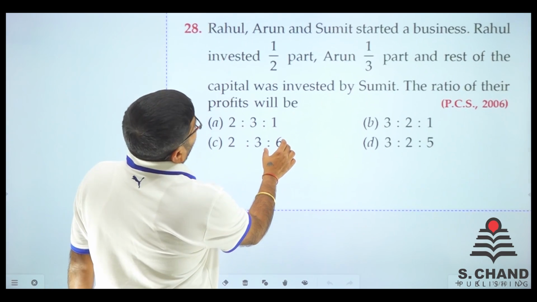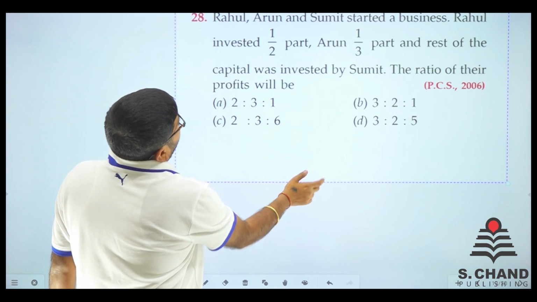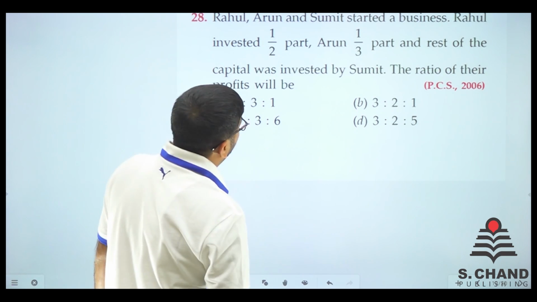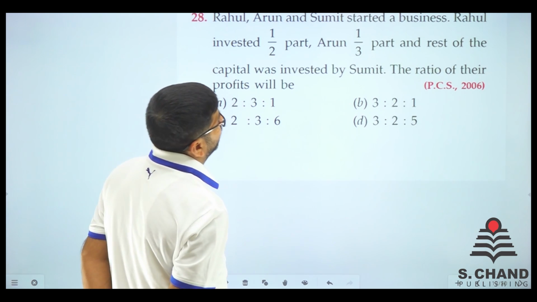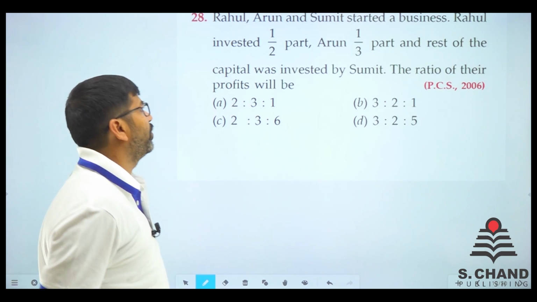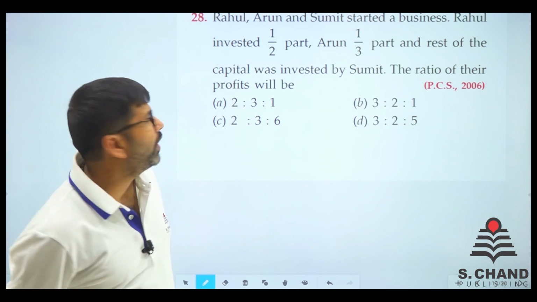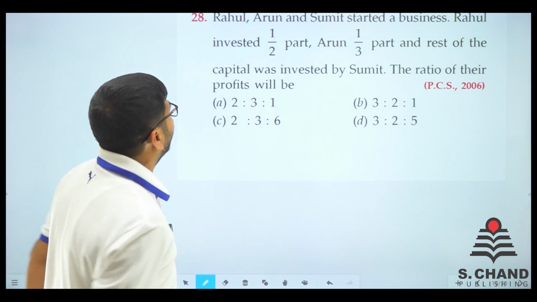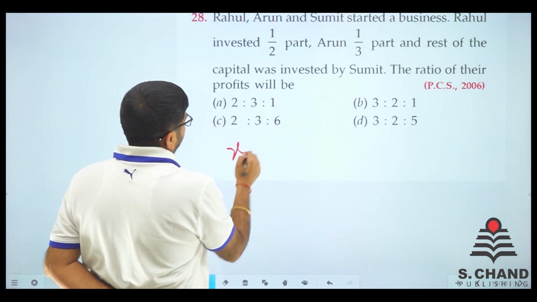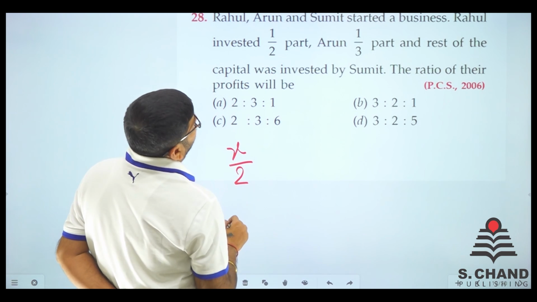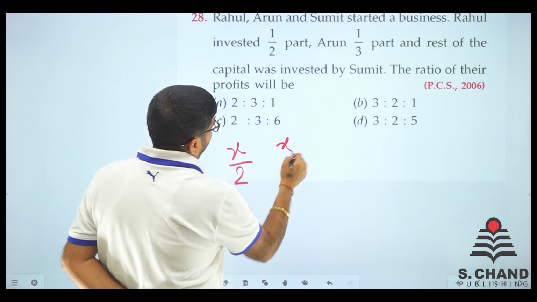What does it say? It says Rahul, Arun and Sumit started a business. Rahul invested 1/2 part, Arun invested 1/3 part, and the rest of the capital was invested by Sumit. The ratio of their profit will be, right? Say Rahul invested x/2 and Arun invested x/3.